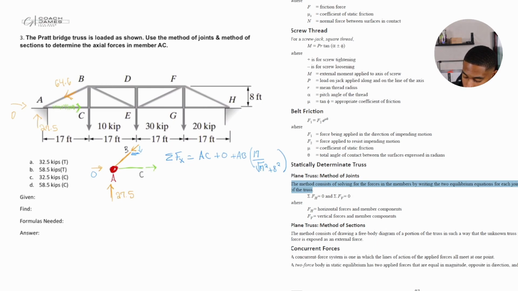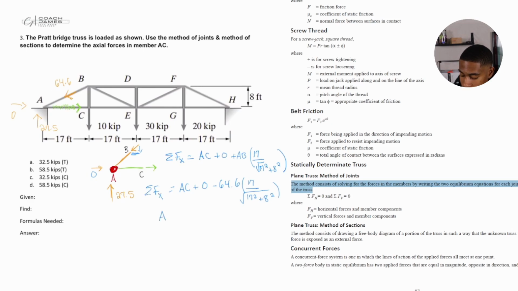So you got AC plus 0 minus 64.6 times 17 over the square root of 17 squared plus 8 squared. All that's in parentheses. And then the last thing is just solving for AC, and this is all equal to the sum of the forces in the X, which is equal to 0.